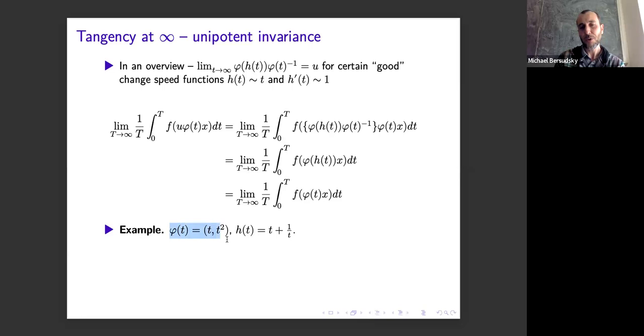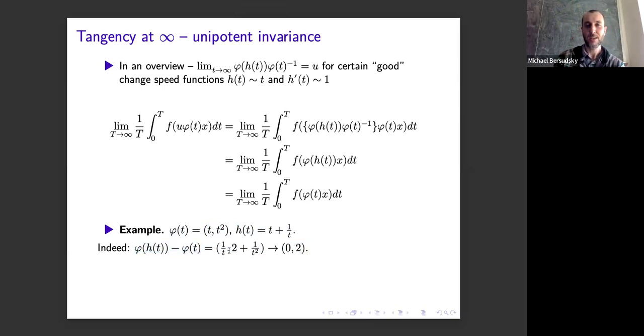So let's see how it works, for example, for this curve. Here, the tangent at infinity will be just the perpendicular, the vertical vector. So here is our change of speed map, h of t equals t plus 1 over t. Let's take a difference. Here is the additive group, so we have phi of h of t minus phi of t.